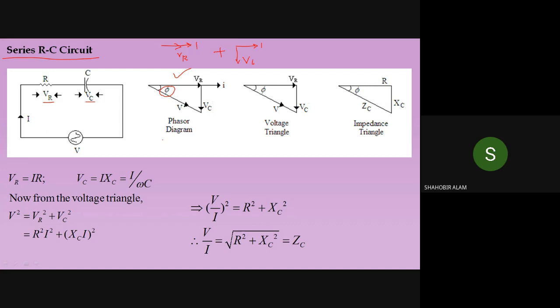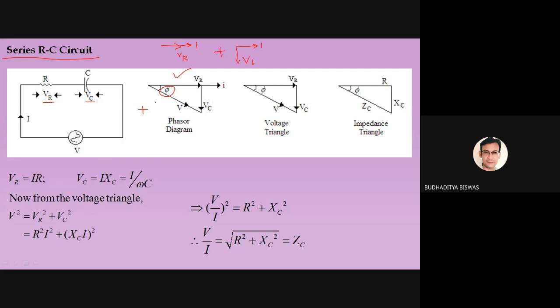The current is leading, so it is a leading phase angle. What I just said is that leading and lagging are with respect to the current. If the current leads the voltage, it is leading; if the current lags the voltage, it is lagging. And the phase angle value is between 0 to 90 degree, not 0 and not 90.